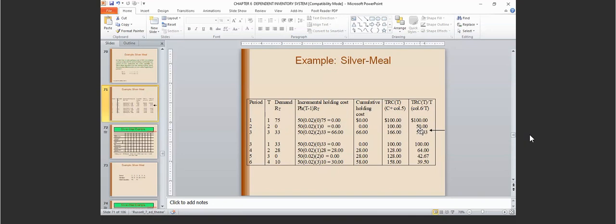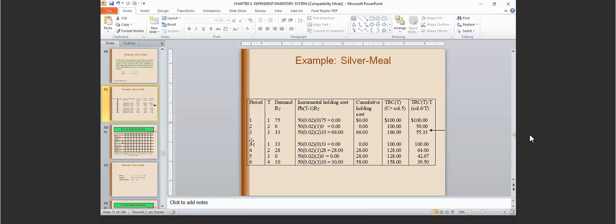Jadi kita nampak penurunan di dalam average total relevant cost di sini. Oleh kerana berlaku penurunan, kita akan tambah lagi jumlah kuantiti gross requirement untuk melihat adakah ianya berlaku penurunan lagi. Sekiranya berlaku penurunan, kita akan include kuantiti tersebut sebagai kuantiti pesanan.